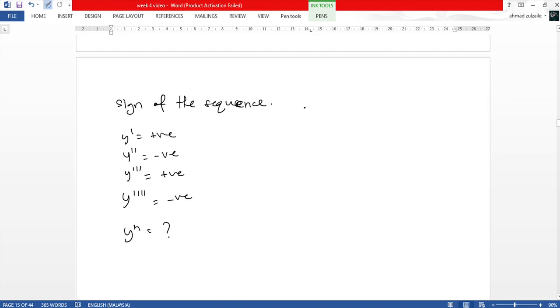So we decide to use negative 1 power of n minus 1 as the coefficient. Let's say you have the first derivative, so 1 minus 1 is 0.